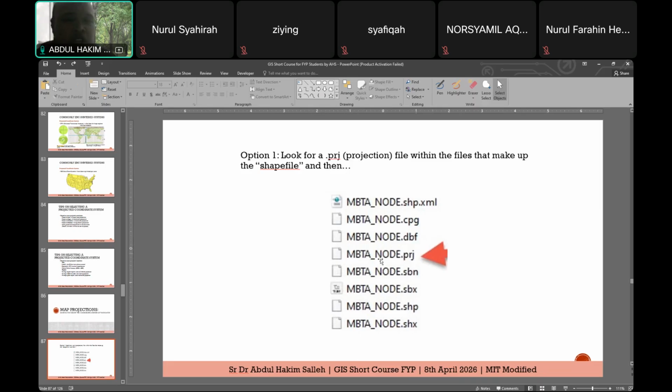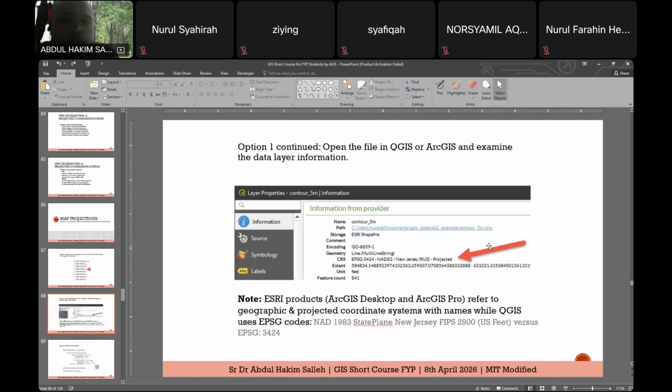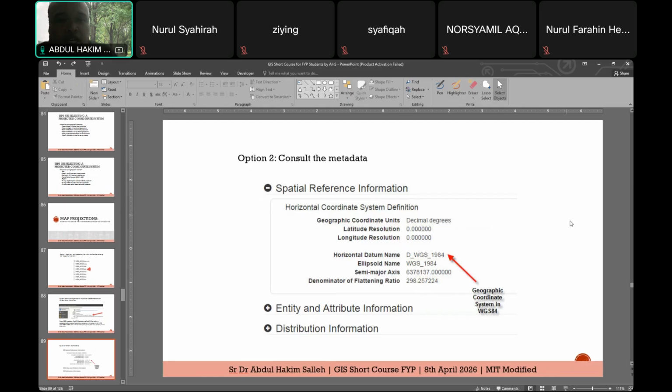You can take a look at it for the type of projection being used. In QGIS, you can take a look at the layer properties, and the CRS category, coordinate reference system, will give you the information. From the metadata you can also take a look, not just the properties from the website, I mean from the desktop software.